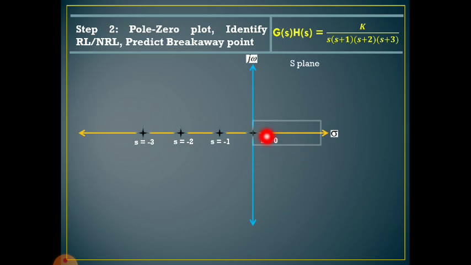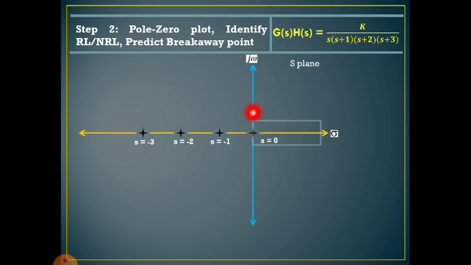We need to identify whether this particular section is root locus or no root locus. For that we have to count the total number of real poles and zeros to the right of this section, and if it is 0 or even number, then it is a no root locus region, and if it is an odd number, it is a root locus region.